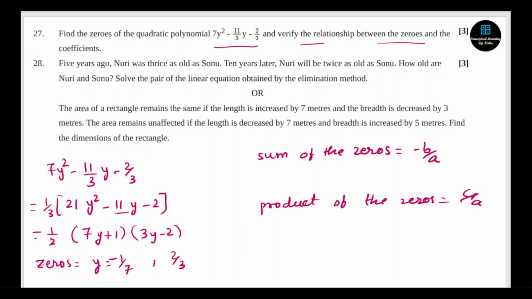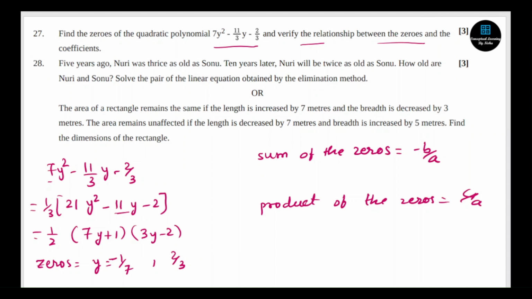Now here, what are the values of a, b, c? You have to write those, right? So a is 7, b is minus 11 upon 3, c is minus 2 upon 3, and then substitute it over here and verify it. Alright, so again I am leaving it to you. You have to verify this and write your final answer. Easy question. Alright?